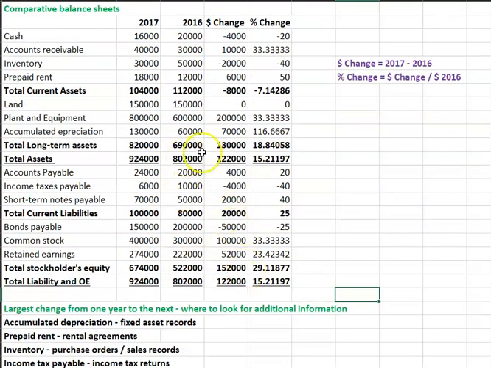Accumulated depreciation, percent change 116%, prepaid rent, 50% change, inventory, 40% change, income tax payable, 40% change, and finally the short-term notes payable, another 40% change. These are positive and negative.